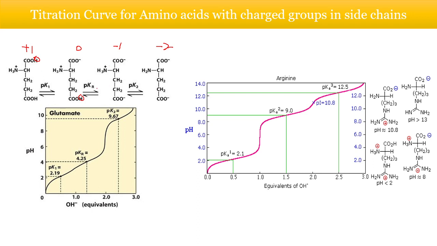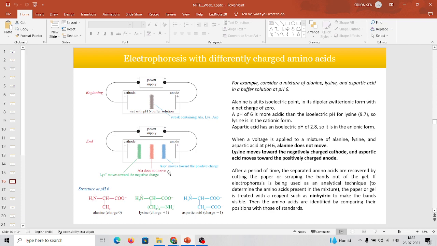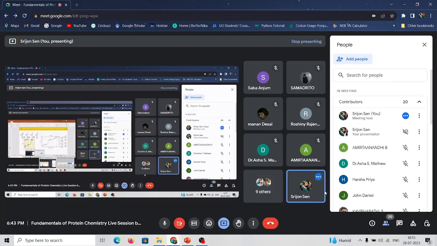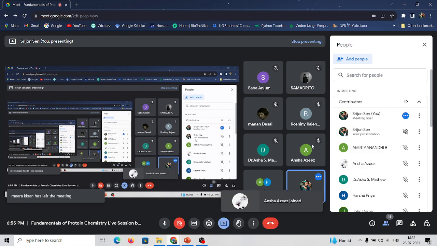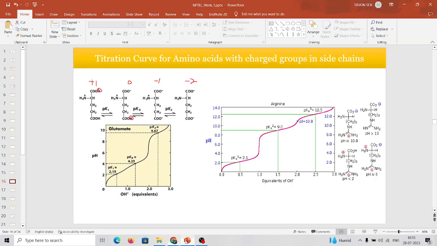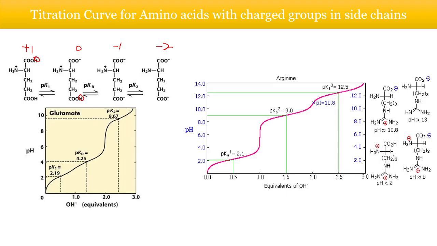Is it 1 and 2, or 1 and 3, or 2 and 3? When the side chains have charged groups, which 2 pKs are we supposed to consider?